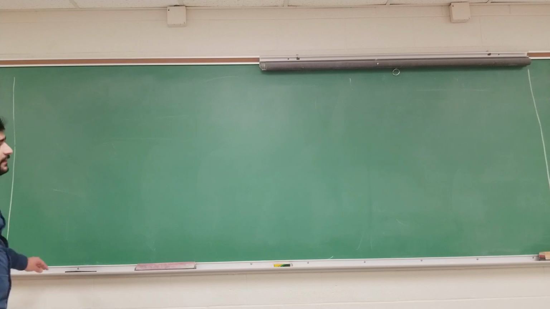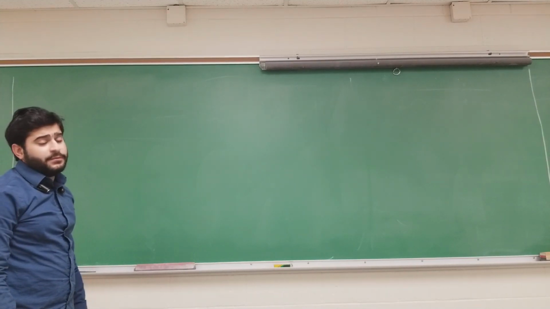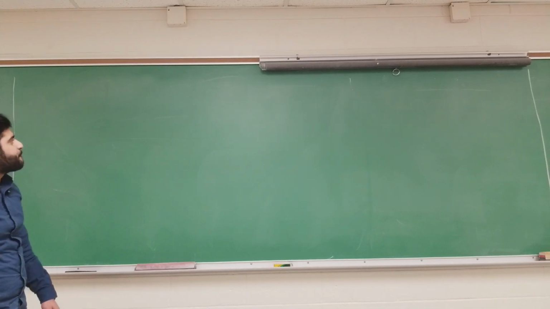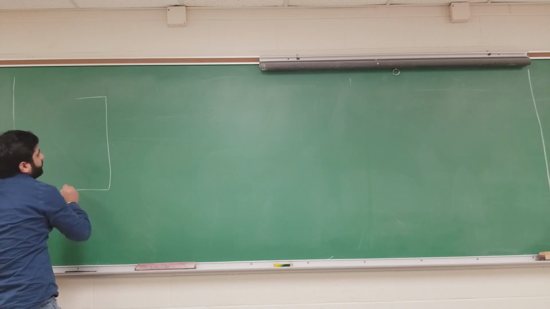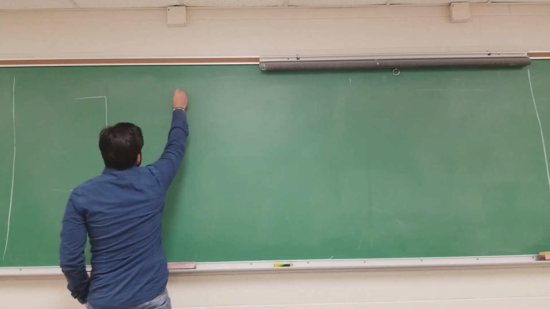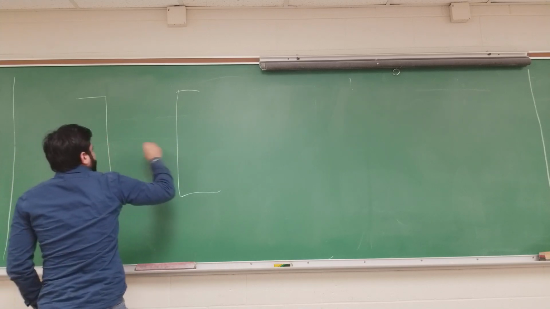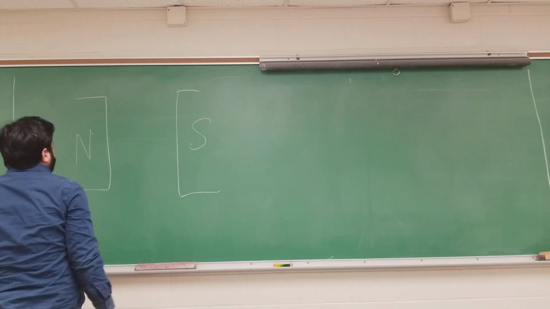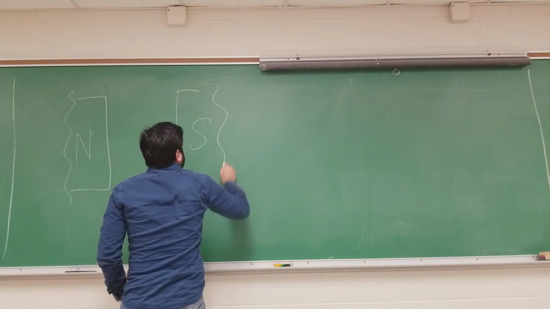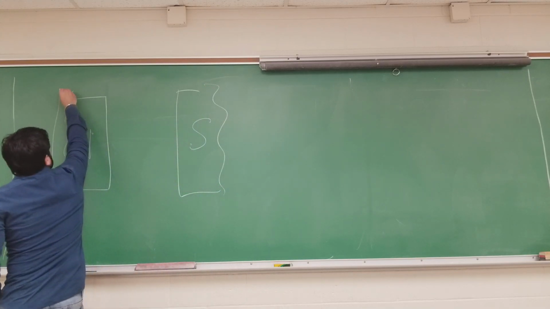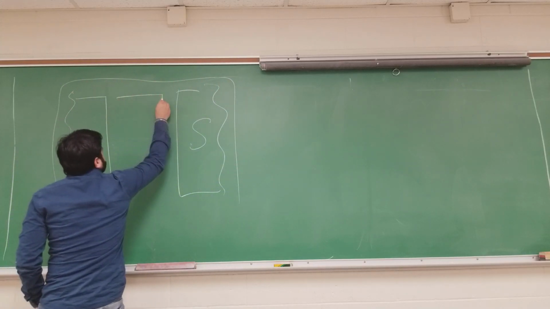Now we will go over the fundamentals of how a DC motor works. For this we use Fleming's left-hand rule extensively. Suppose this is our stator, and this is a rotor.